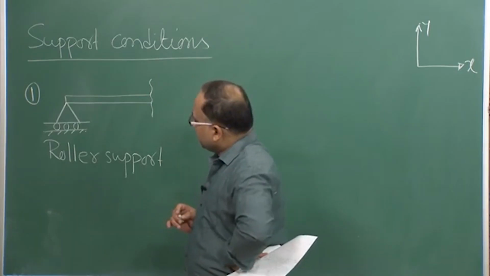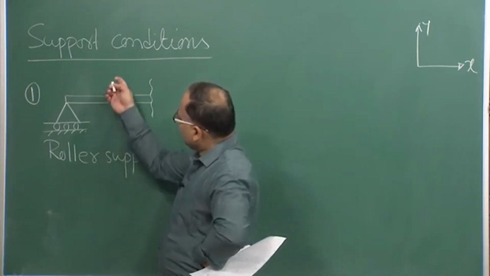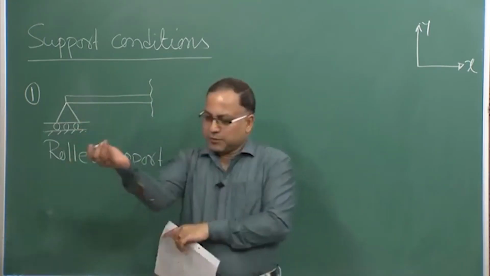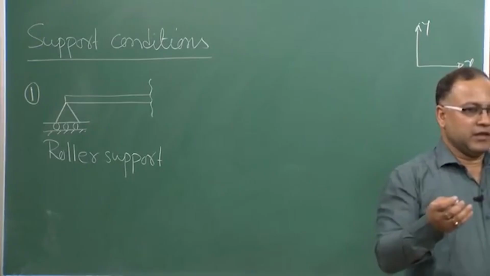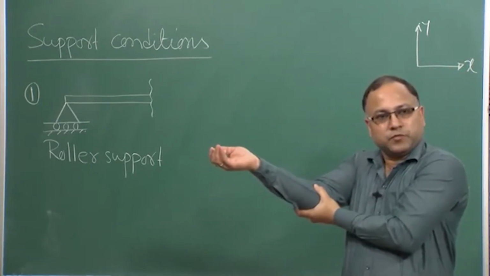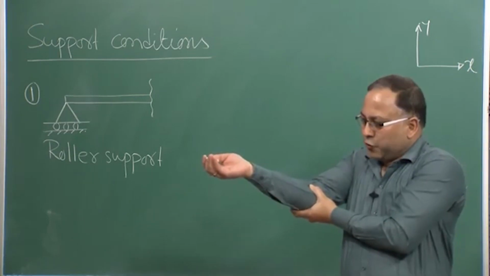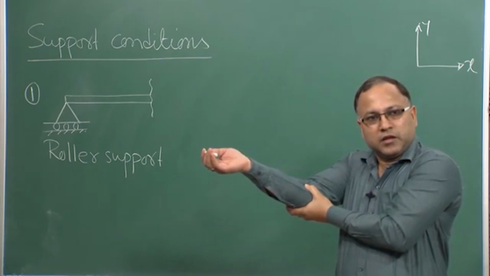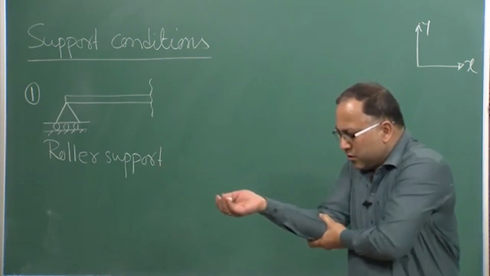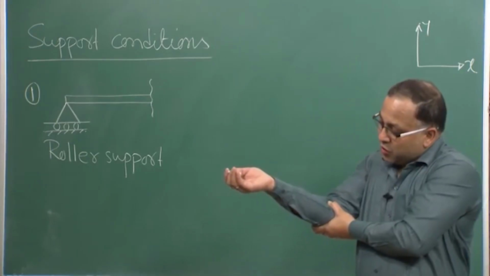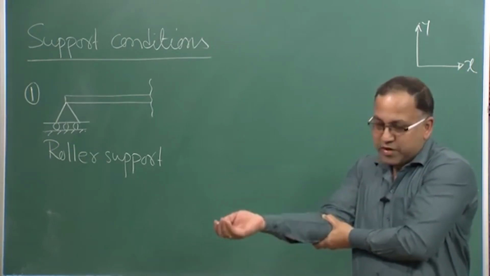Another thing is that suppose I am putting some load on the beam. Suppose this part is the beam, and this is the support. Now, this support is not allowing me the vertical movement, but it allows me the horizontal movement, and at the same time it allows the rotation of the beam.